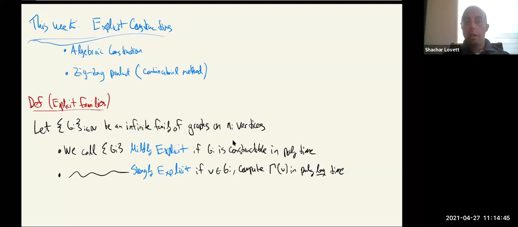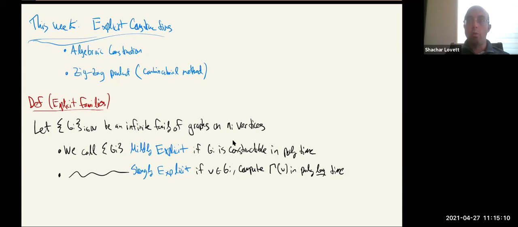Yeah, maybe I'll just add one thing on that. Here's one way I'm thinking about this definition. Think of the graph as having n nodes. For mildly explicit, they give you n as a parameter as an input, and in polynomial in n time you construct the adjacency matrix of this graph, which is an n by n matrix. So you need poly n time to describe it. Strongly explicit says you don't need to construct the whole thing.